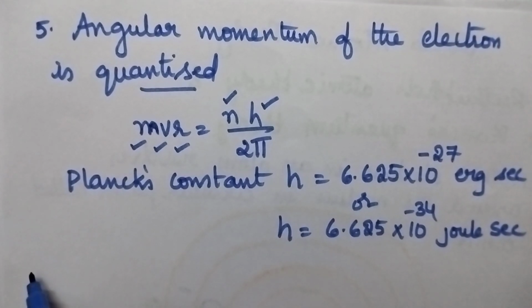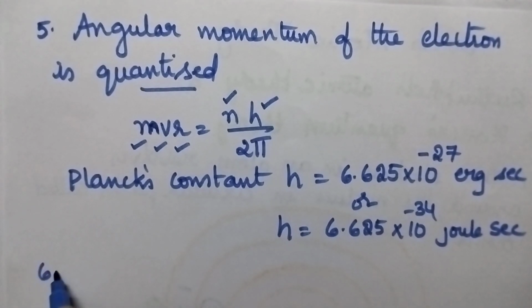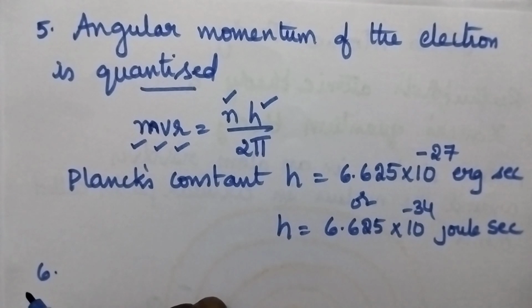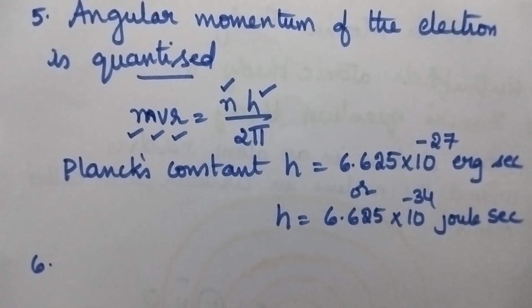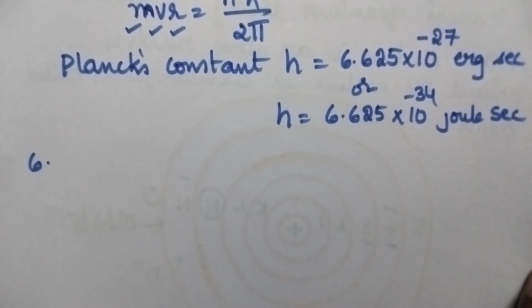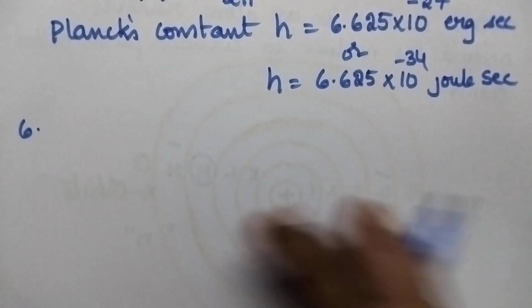At the same time, it is possible for the electrons to jump from the higher orbit to the lower orbit, or from the lower orbit to the higher orbit.